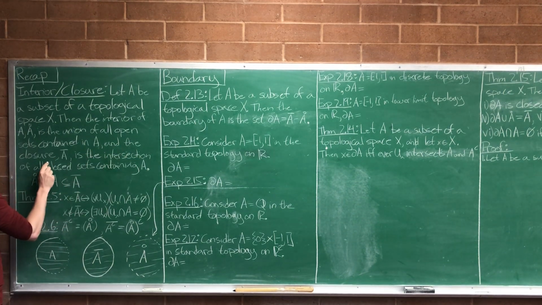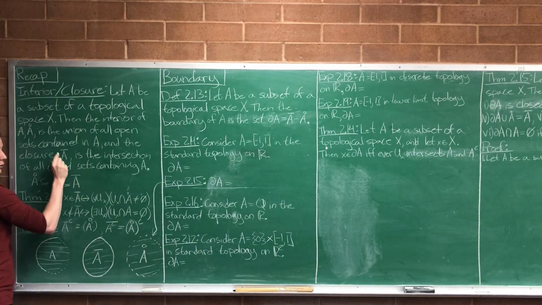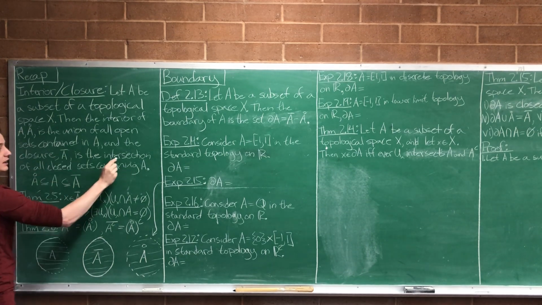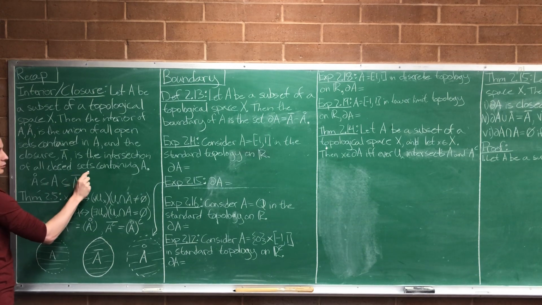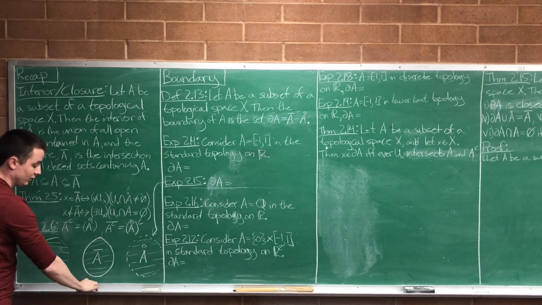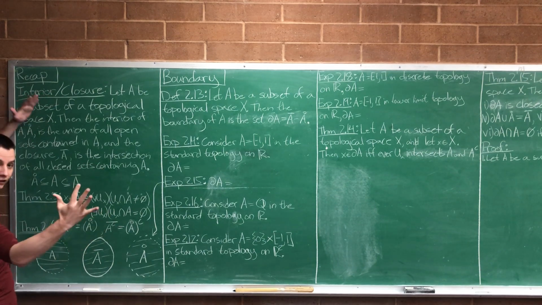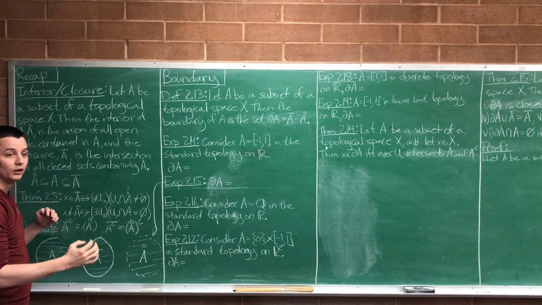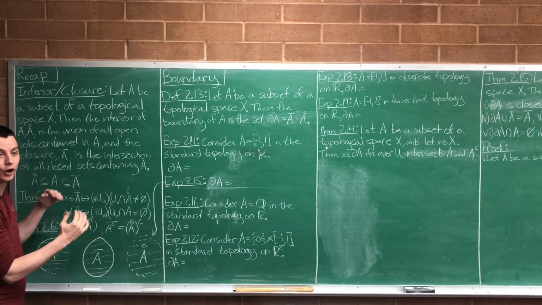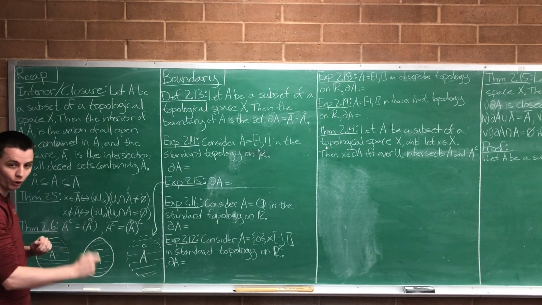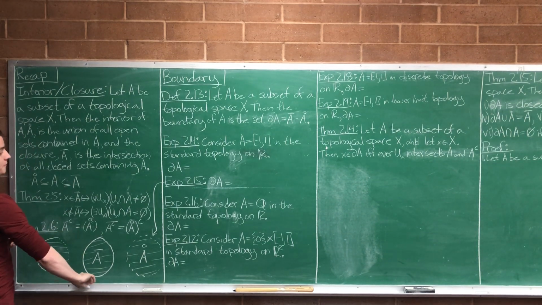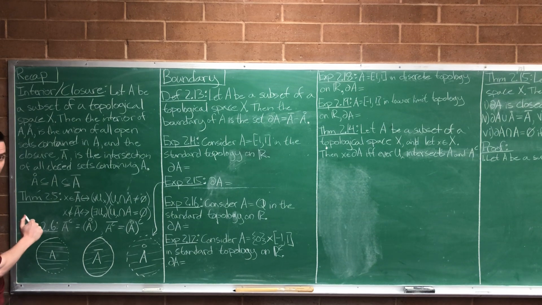And then the closure of A, which is A with a line above it, is the intersection of all closed sets containing A. So here's A. We're looking at all the closed sets that have A inside of them and intersecting them all. We're looking for the points that are in every closed set containing A, the closure of A. Any questions with those?